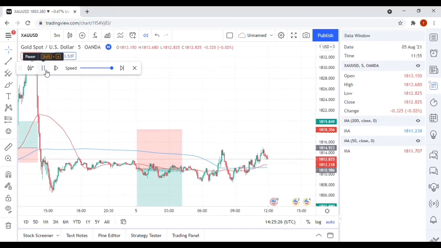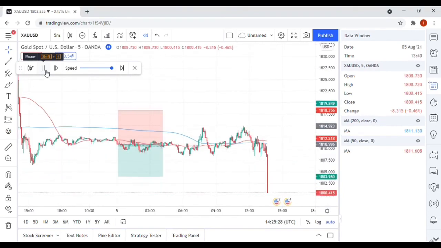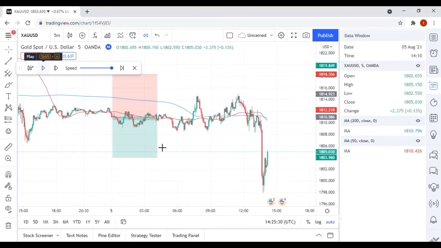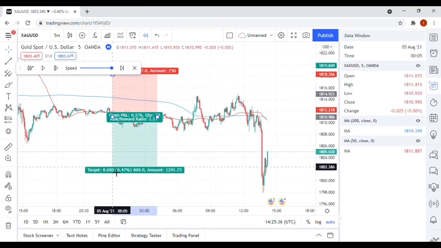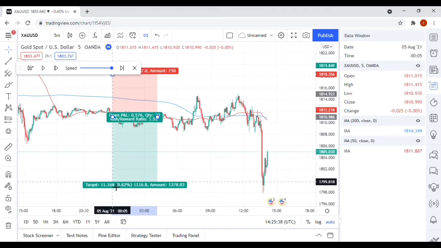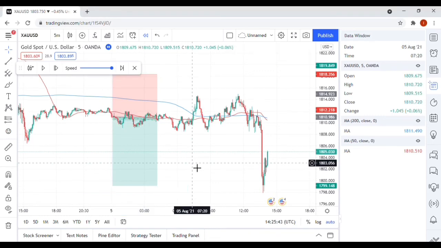Right there, as you can see, price actually moved. Let me just put this down here. It's supposed to be a 2-to-1. That's basically our 2-to-1, and as you can see here, price actually moved exactly a 2-to-1, the one that we actually placed here.